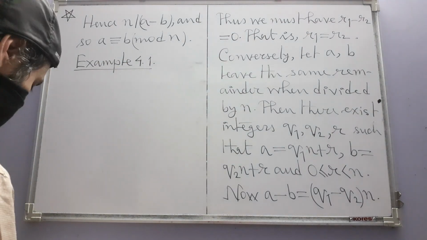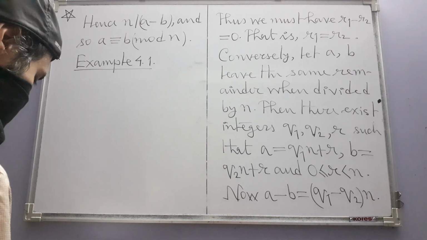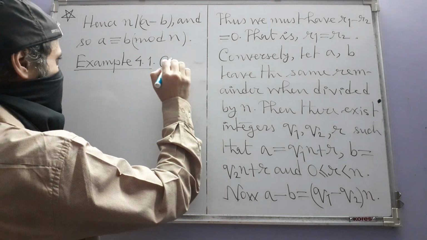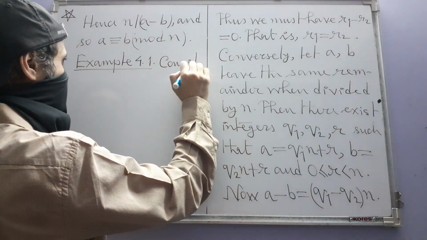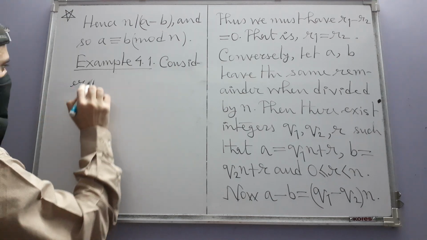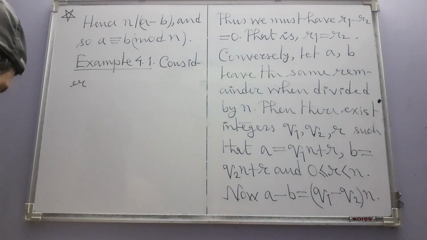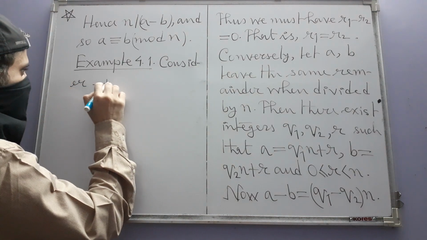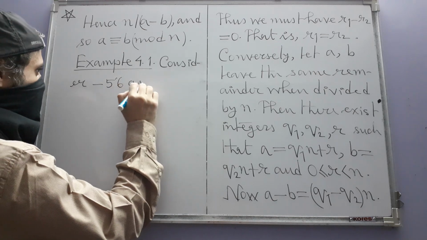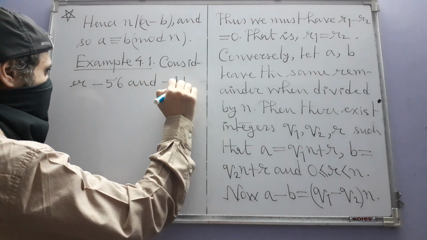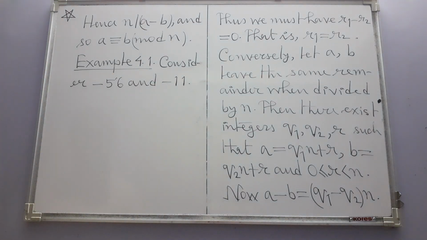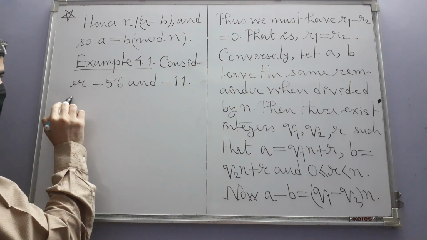In this example, we are going to see both the ways. Consider the numbers minus 56 and minus 11. The thing we are going to note about these numbers is this.